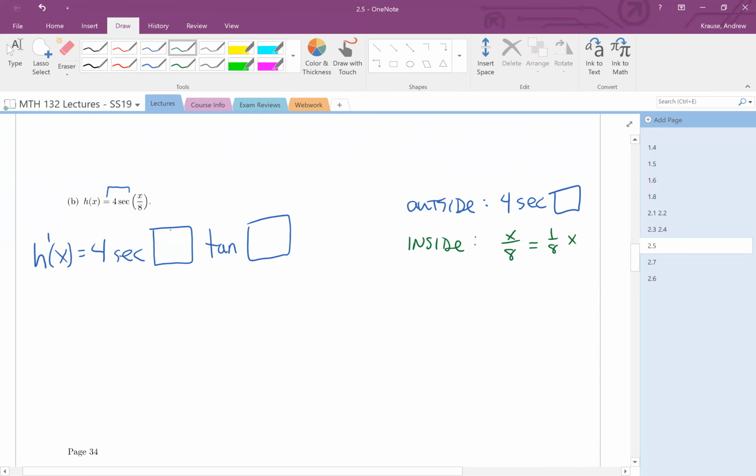And our something in this case is x over 8. And then we're going to multiply by the derivative of that inside function, which is 1/8. We can go ahead and simplify this one step. You don't need to do this for quizzes, exams, or web work. We're just going to do it to make it a little bit simpler to see what our final answer was here.